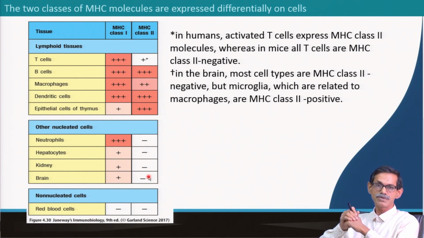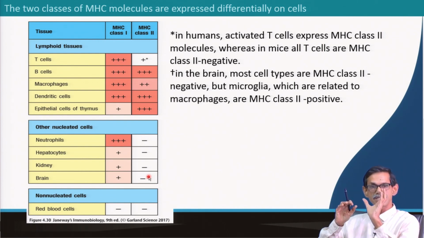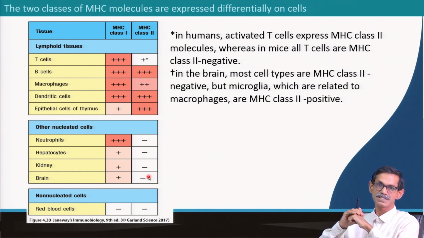So for the major contribution of adaptive immunity, or antibody mediated immunity, you need antigen presenting cells. The antigen presenting cells are B cells, dendritic cells, and macrophages. They are the only three. We call them professional antigen presenting cells.